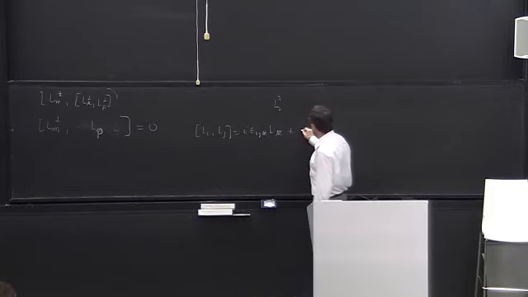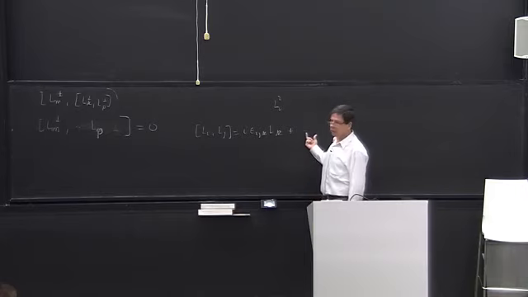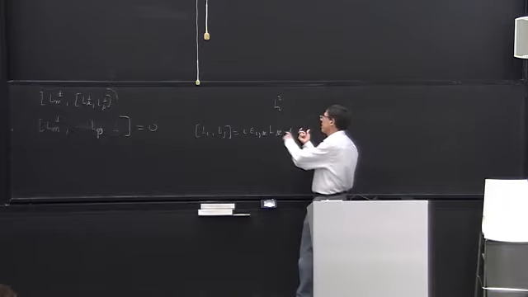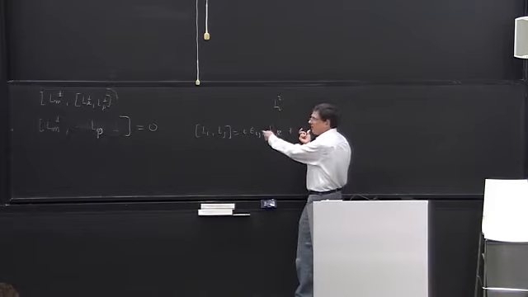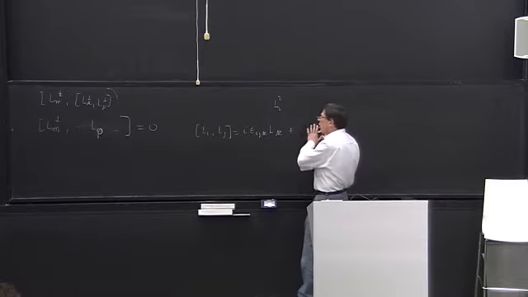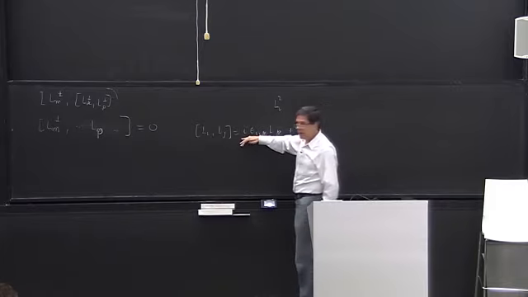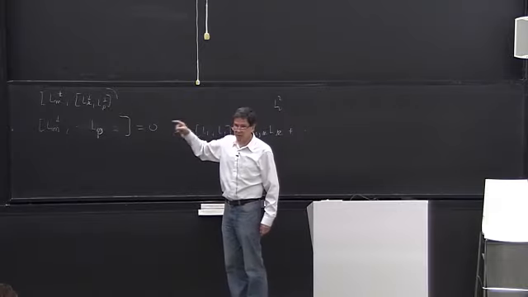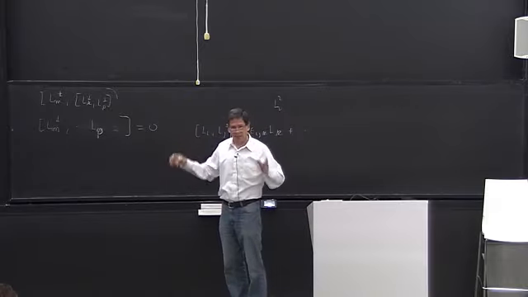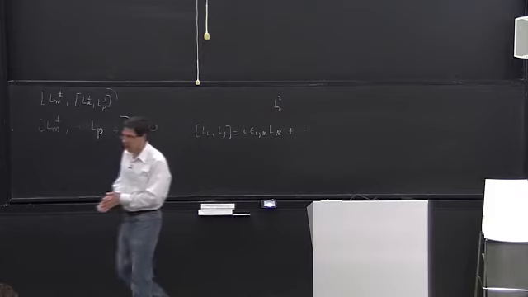But try adding anything here. You will not succeed. In the best of cases, you will succeed in putting something, and then you will show that it can be removed by a redefinition of the generator. There are no central extensions of this algebra. There are central extensions of the Virasoro algebra. It's very non-trivial. Some algebras have central extensions.